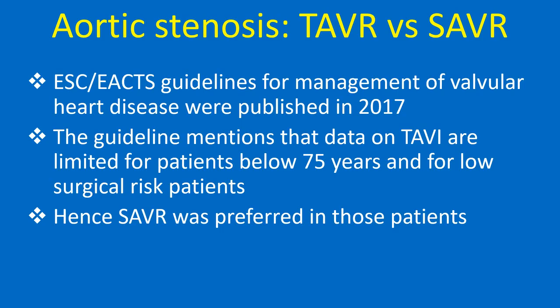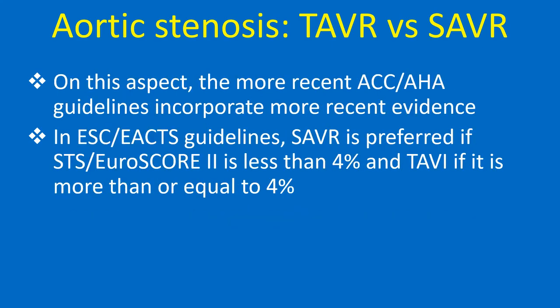EACTS guidelines for management of valvular heart disease were published in 2017. The guideline mentions that data on TAVI are limited for patients below 75 years and for low surgical risk patients. Hence, SAVR was preferred in those patients. On this aspect, the more recent ACC/AHA guidelines incorporate more recent evidence.